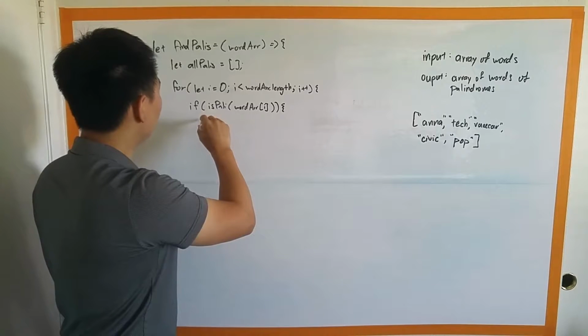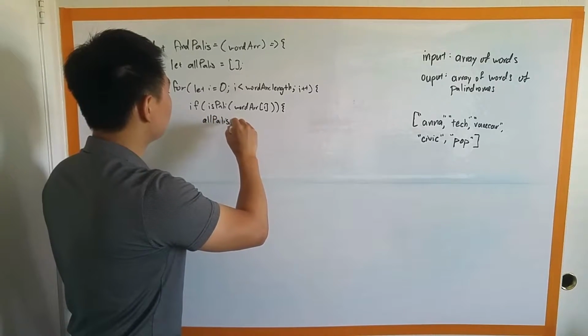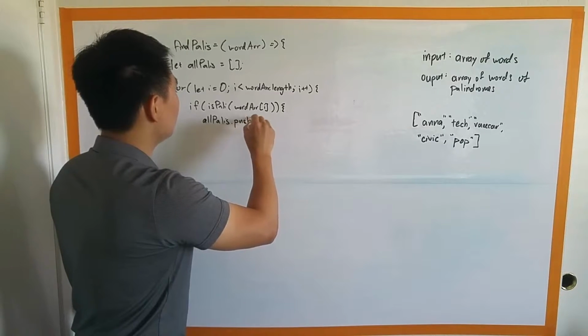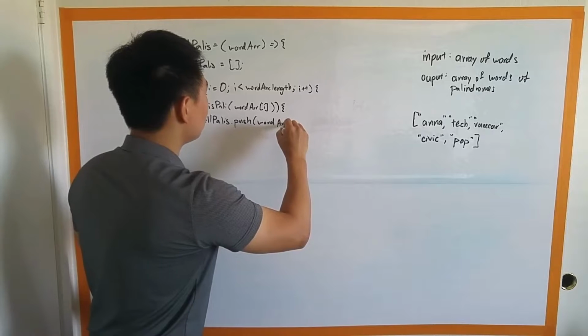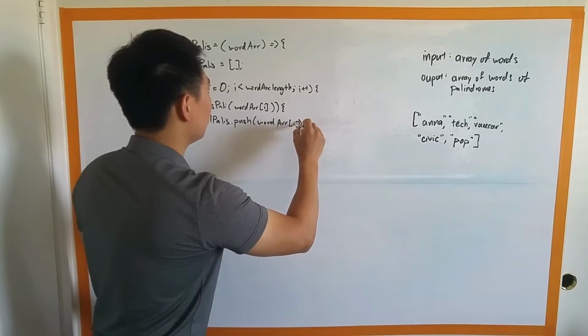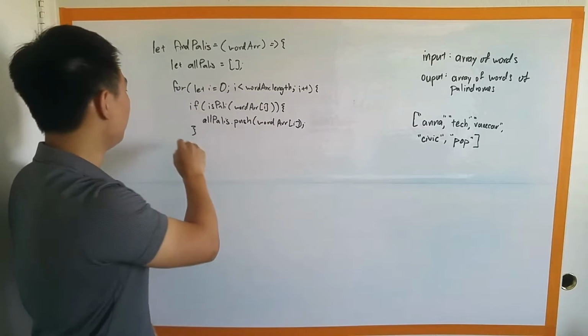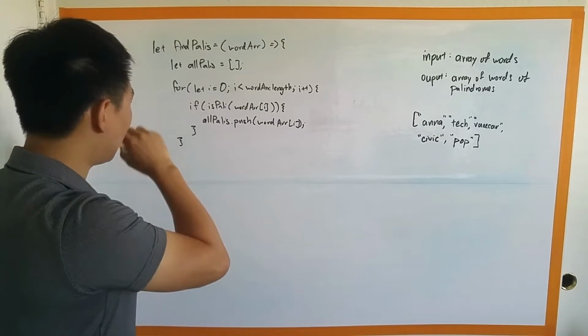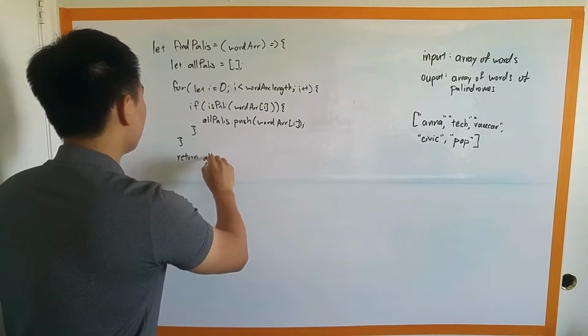If that is true, we're going to do all pallies dot push, and we're going to put in that word array of I. Gotcha. And if not, we're just going to ignore it. So we'll just continue on with the for loop. And at the end, we're going to return all Pallies.